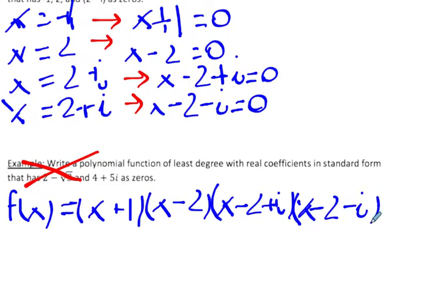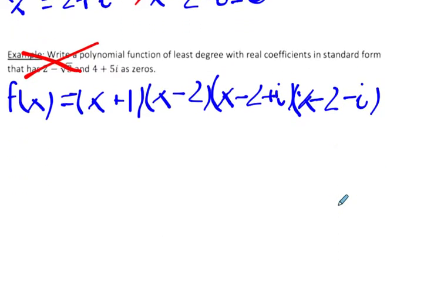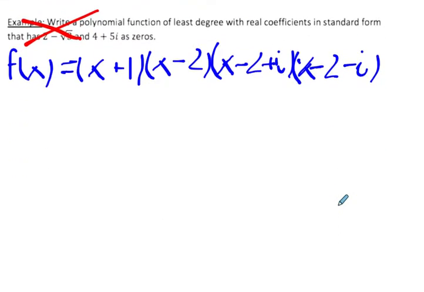So this is factored form. To get to standard form, that means we have to do some multiplying here. So this is going to take us some work. As I start to multiply this, with these first two terms, never work with more than two terms at one time. So for the first two terms, I'm going to need to FOIL.